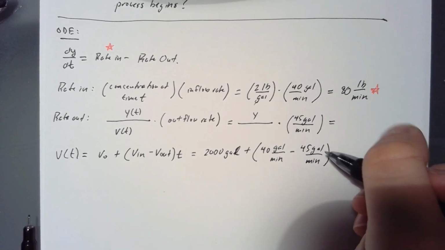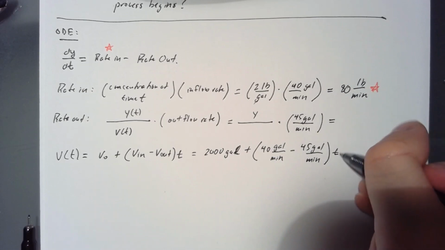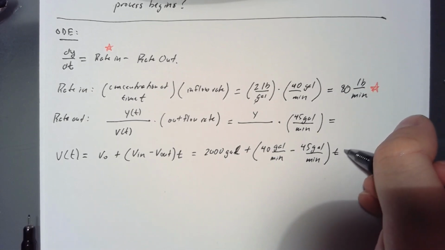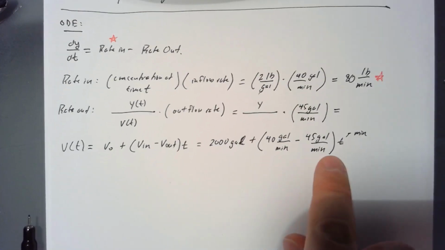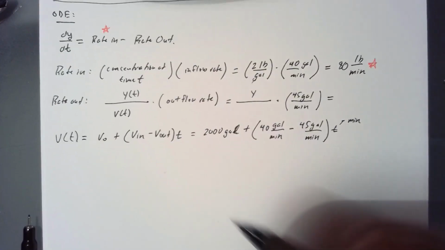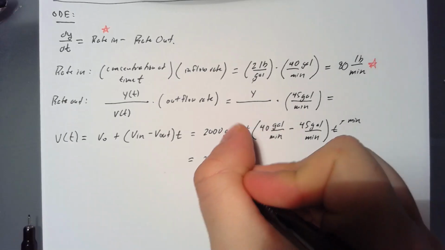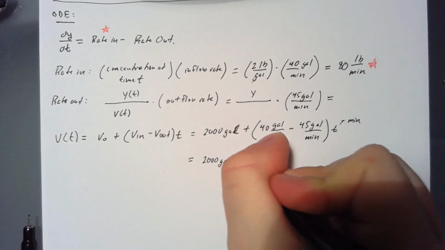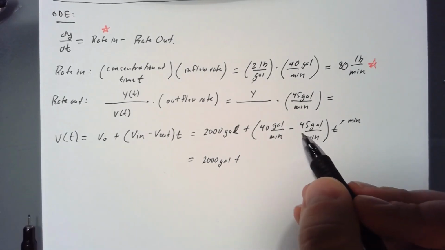And that quantity is going to be multiplied by T. And T here, what are the units of T? In minutes. So you can see how the units are going to work out here. So when it's all said and done, I have 2,000 gallons plus, what's 40 minus 45? Well, obviously that's negative 5.